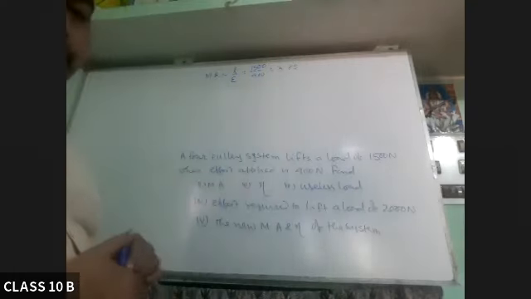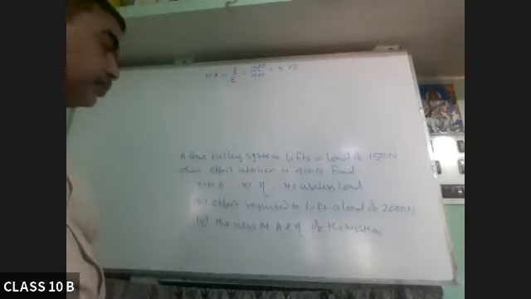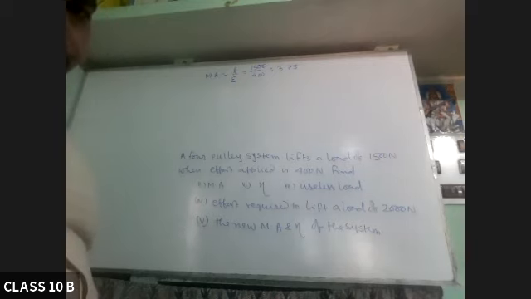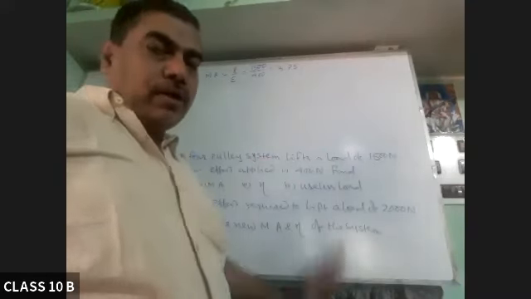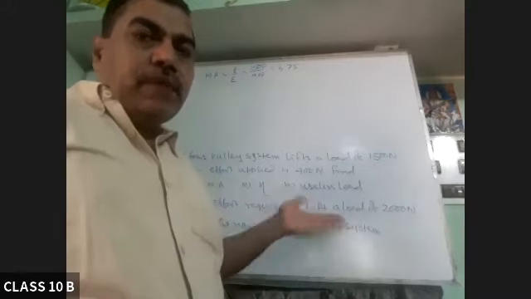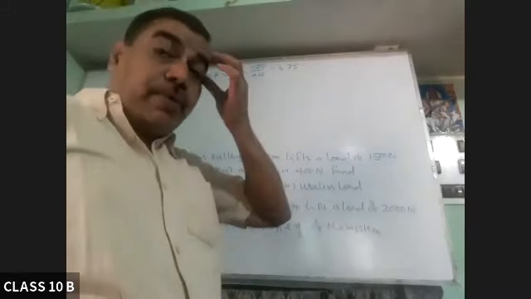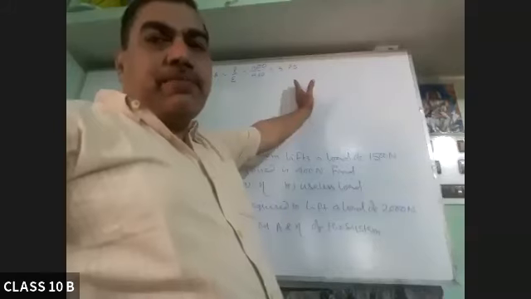Now, what will be the velocity ratio? 4. It is a 4 pulley system. So if the effort is applied in the convenient direction, downward, it will be 4. If effort is applied in the inconvenient direction, upward, then it will be 5. And mechanical advantage is 3.75.